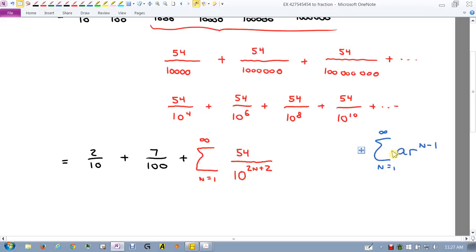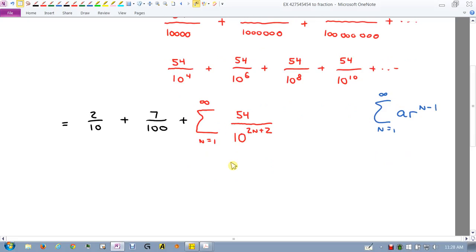What do we think? Well, no, I don't want that. Can we get this to somehow look like this? Can we? How about the 54? Do I need it in here? It's a constant. I could just slide it out right here in the front, or I could slide it outside the sum.